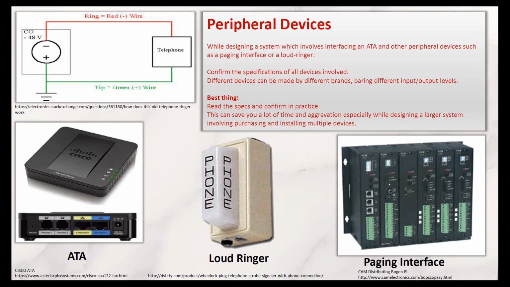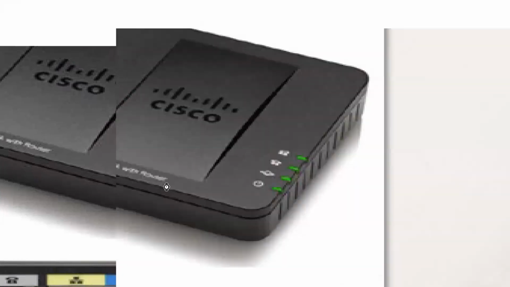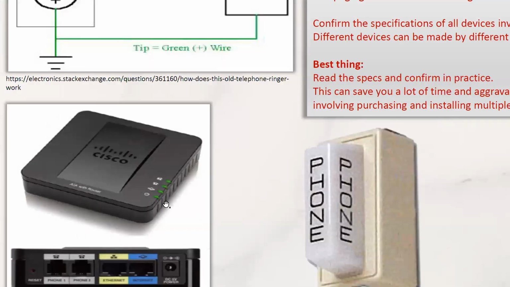Well, the telephone box is an ATA adapter. If you just keep reading what's on the box, I know it's hard to see because it's blurred, but this one actually says ATA phone adapter. I'm looking at one right now that's very similar to this.